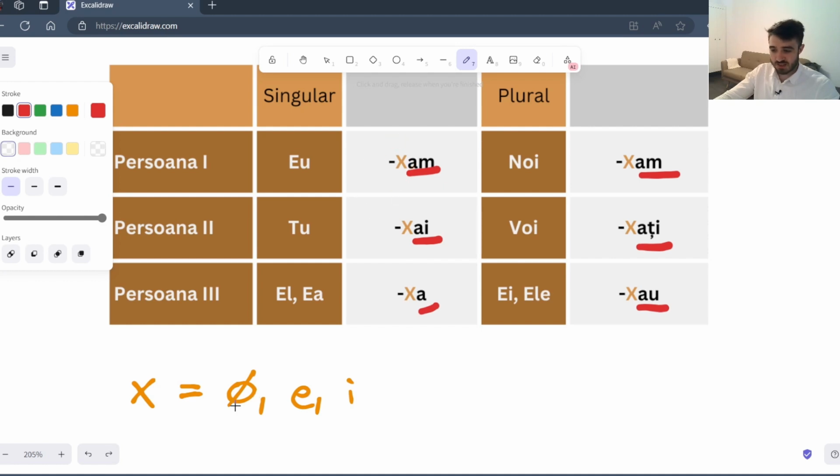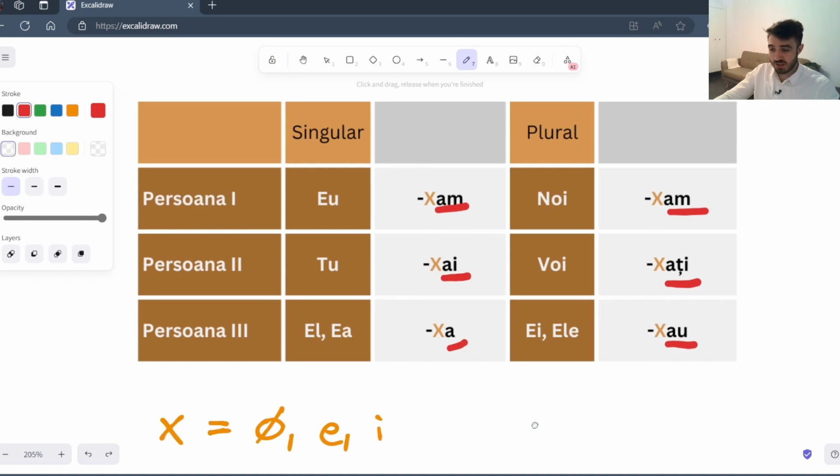Most of the time this x will be nothing, but it can also be e or i, depending on the conjugation, depending on the infinitive. So bear in mind, we will have a look at some examples in a second. But basically what I mean by this x is it can be nothing, so just am, or it can be yam or yam. So yai or yai.